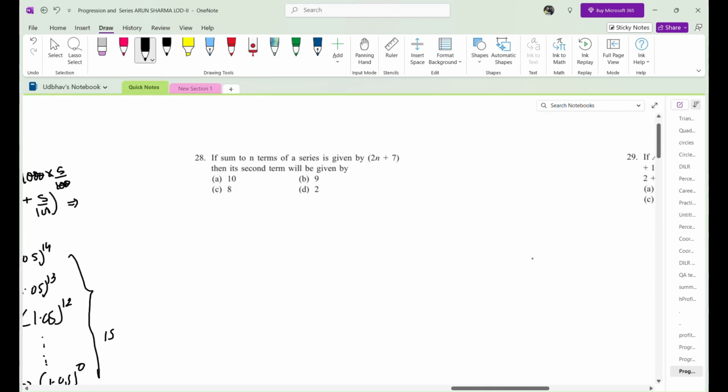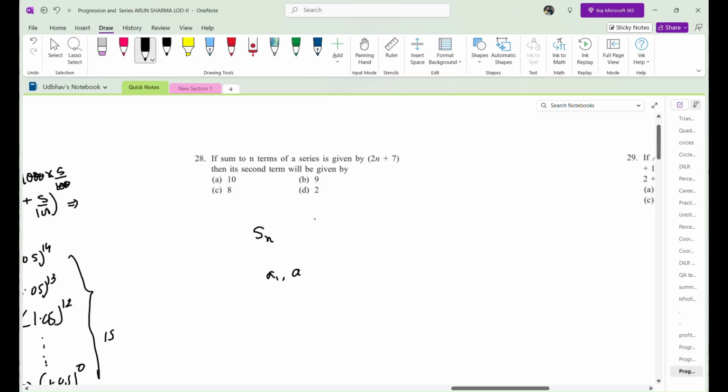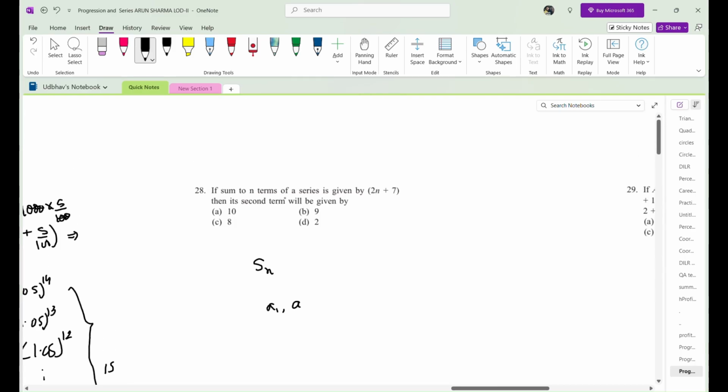Next question. If the sum of n terms of a series is given by 2n plus 7, then its second term will be given by. Okay, so the concept here we'll be using is as such. If we are finding the sum of n terms, what do we get? If the first term is a1 of any series, not just specifically AP or GP, because here we are given just any random series.